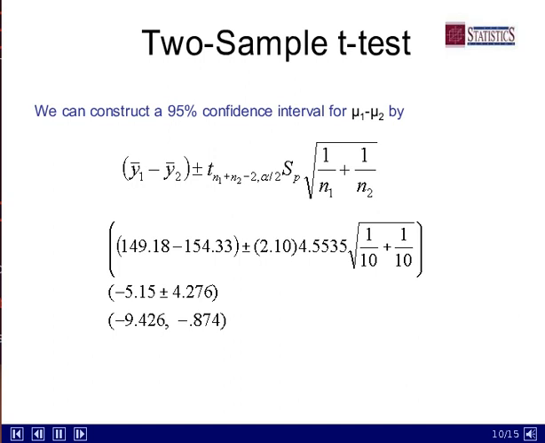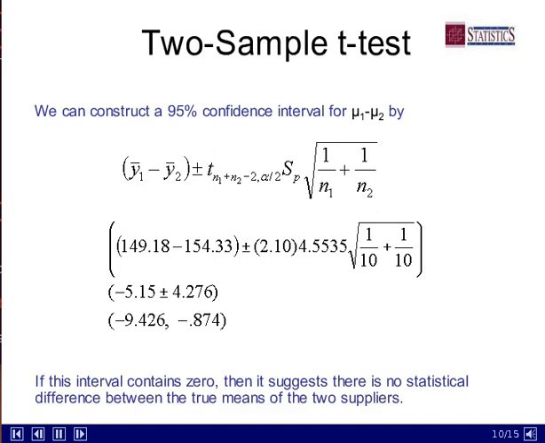Or we could say we're 95% confident that the true mean for supplier 2 is larger than supplier 1's true mean by as little as 0.874 or as much as 9.426. If this interval contained 0, which it does not, it would suggest there's no statistical difference between the two suppliers, because that's our target value for mu1 minus mu2.